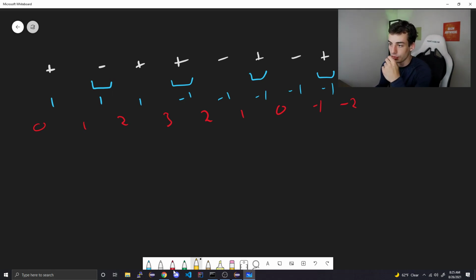Now, if we were to remove something, say we remove this, what changes here? We don't get this -1 anymore, so we lose this. And then for everything after this, the thing that's flipped gets changed, right? It gets inverted.